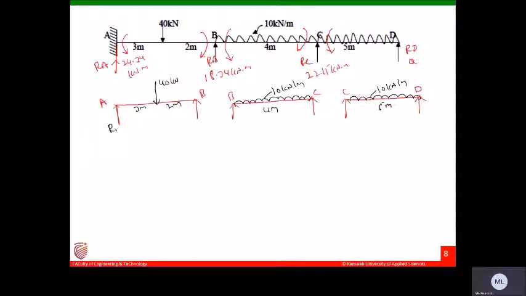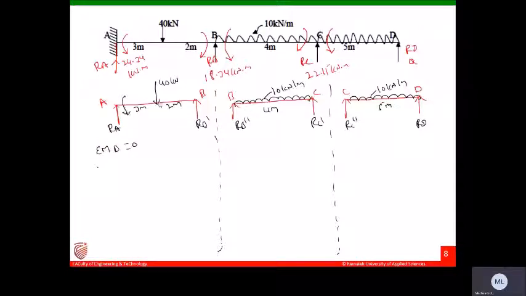Okay, this is RA, this is RB dash, RB double dash, RC dash, RC double dash, and this is RD. Now let us take one portion at a time and try to find out what the reactions are. Now let us take sigma MB equals 0, and here I forgot to write the moments we got here. So what are the moments we got, and also you need to show here.